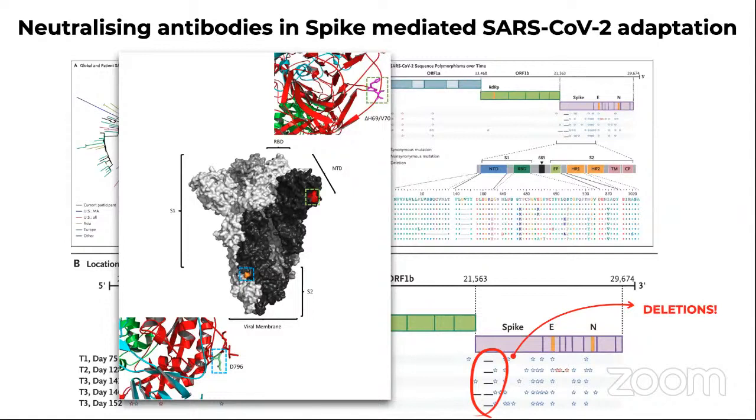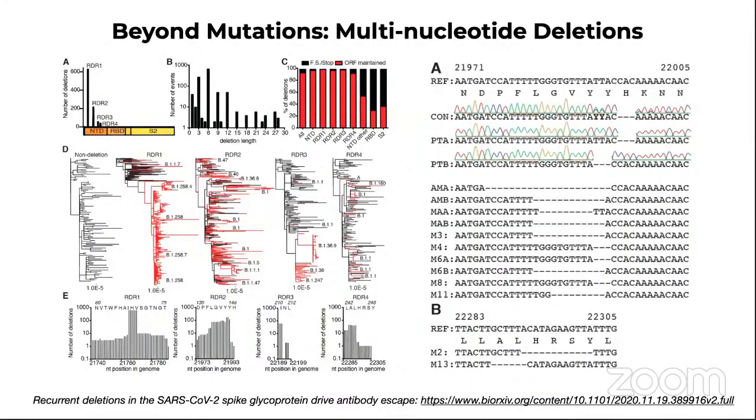Another thing that I think was overlooked in the literature: there's a lot of conversation about different mutations emerging and being established in these clades, but not a lot of people are looking at multi-nucleotide deletions. So not just deletions of single nucleotides, but deletions that are longer. So here you can see some examples.